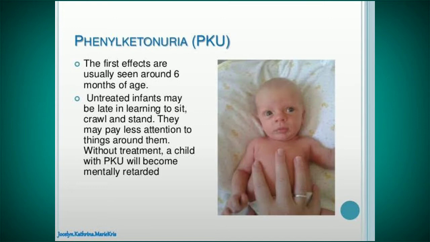This is a very slow process, and the result is normally seen from the stage of birth, but it gets severe during the later stages of life, and that may also lead to death of the particular individual.